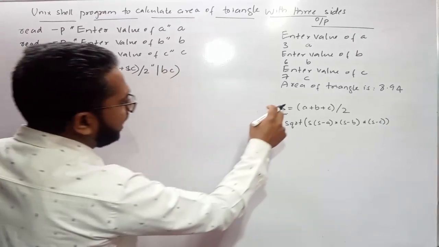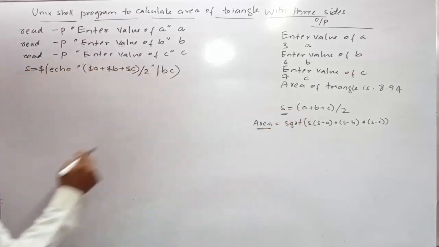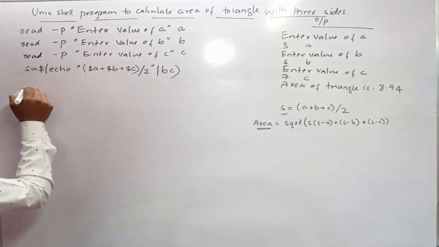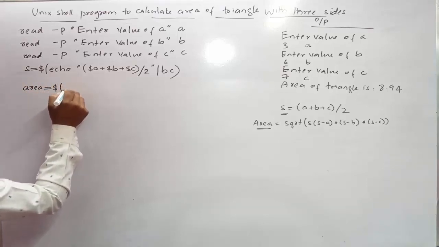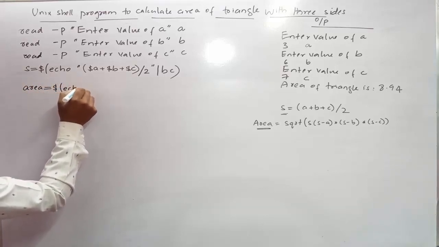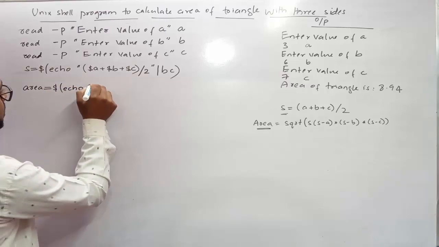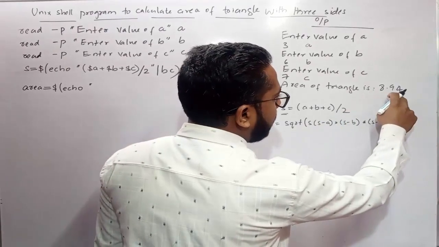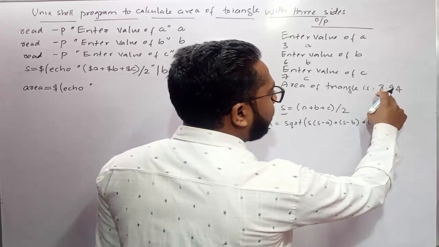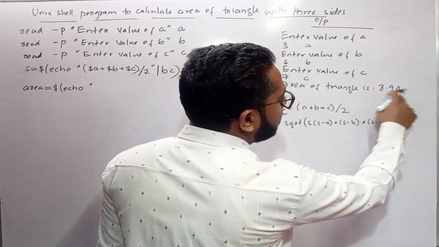Now we need to substitute S in this formula to calculate area. area is equal to $( echo ". Now I want to tell you one thing. I want to display the output in this form, where after the decimal point I also need to mention the numbers.